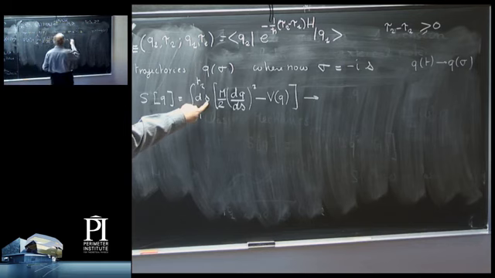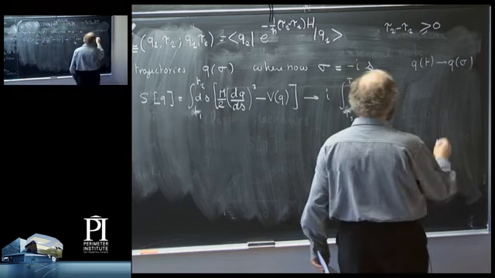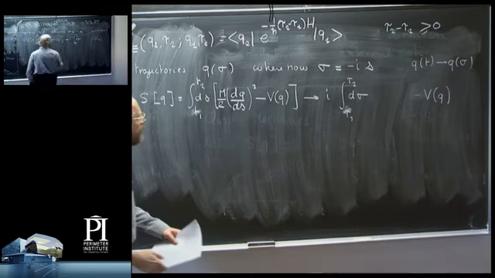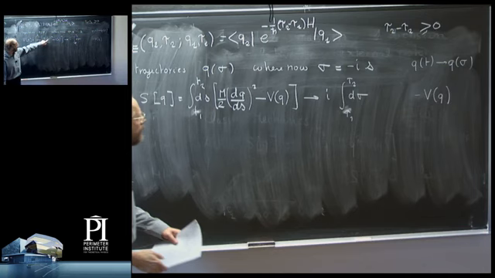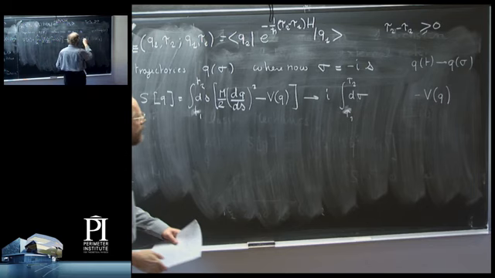So I get an i times the integral from tau 1 to tau 2 d sigma. Okay? Now the minus V of Q doesn't change, because I'm just making a change of variables in Q. But now there is also a change of sign, because here I have a derivative of Q with respect to s, and the derivative of Q with respect to s becomes i times the derivative of Q with respect to sigma, squared. So I get the m over 2.